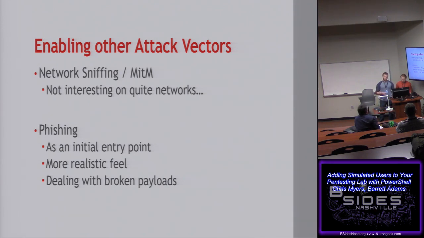By having our tool run a simulated user to open the email for you, if you have it running in your lab and you send out phishing emails to the users in your lab environment, you're not going to have to go on there and open it yourself. We had a customer recently who had a phishing payload that we saw them using in the lab over and over again, and we were wondering why it wasn't working.